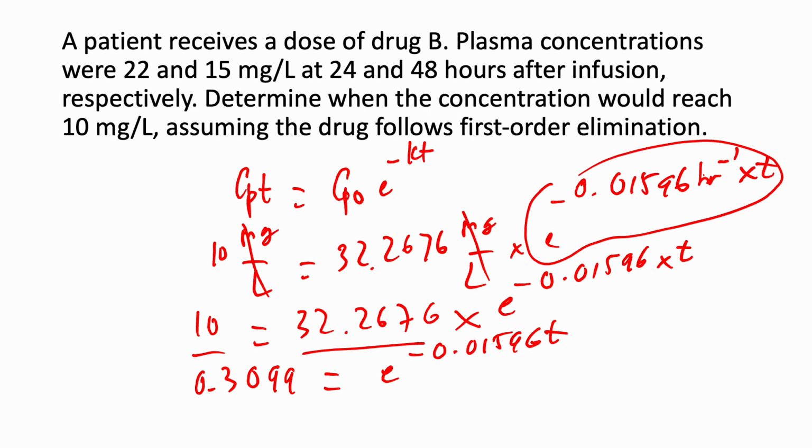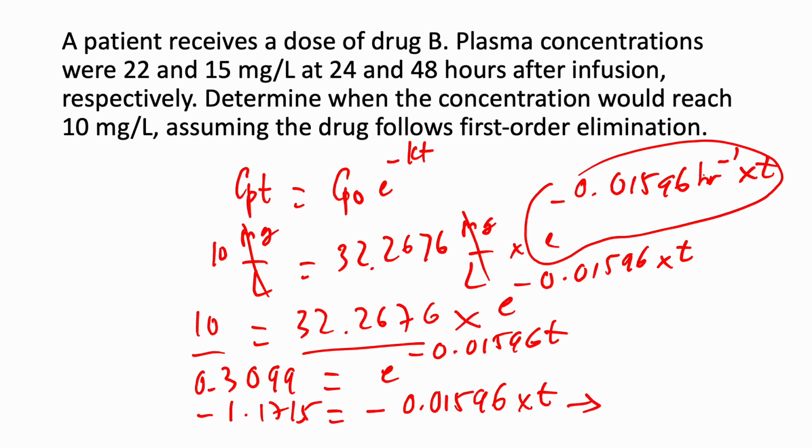Natural log of 0.3099 equals minus 1.1715. Because I take the natural log of the exponential, I get minus 0.01596 times T. Remember the T value here is in hours.